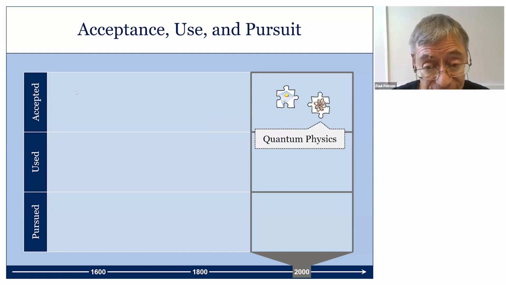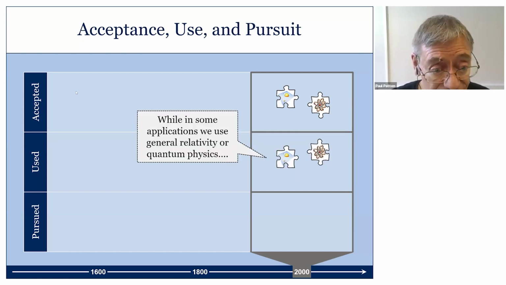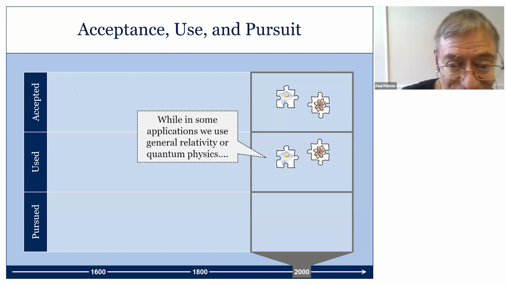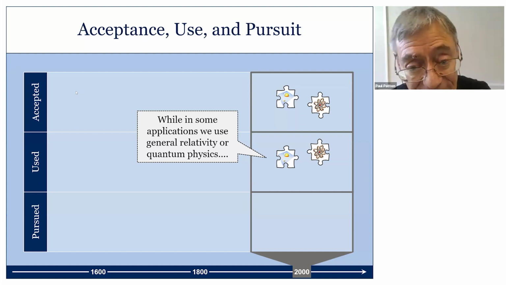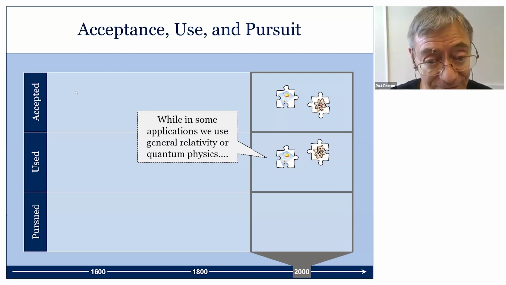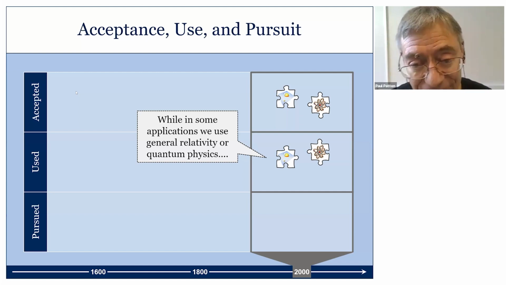Quantum physics, which is taken as the best available description of the interaction of energy and matter. And now those theories are also used for various applications. General relativity is used, for example, in the GPS system that many of us use to find this building. Quantum physics is used in a wide variety of technologies to describe the properties of semiconductors, for example, of the cell phone that you might have in your pocket.